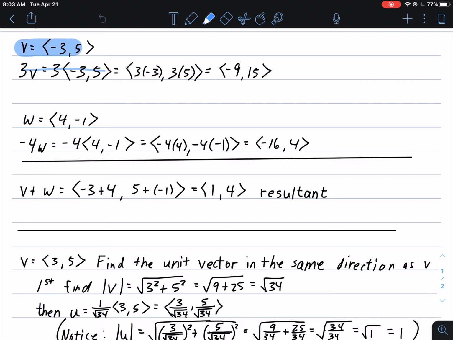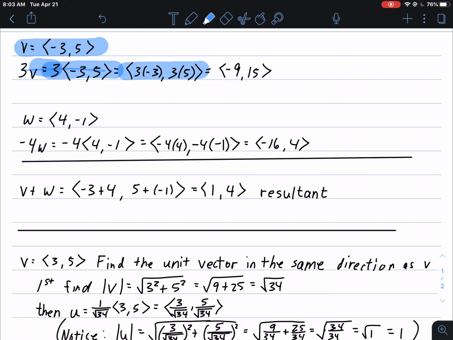And if I want 3 times v, then again, it's simply a matter of multiplying each component of the vector times your scalar quantity. I'm not going to call it distribution because that's not what it is. Don't treat that as parentheses and say, oh, we're just distributing the 3. What are we doing? We're multiplying each component by that constant.